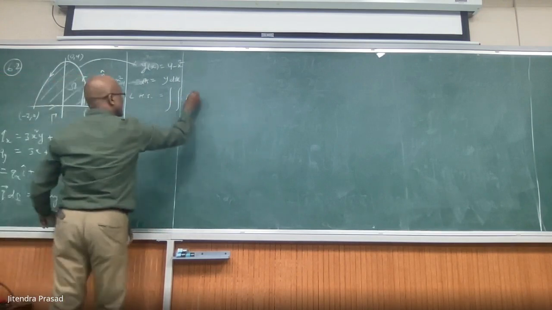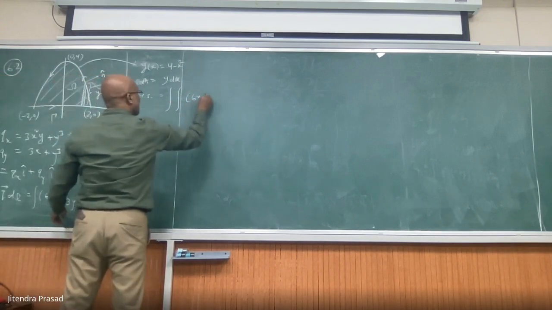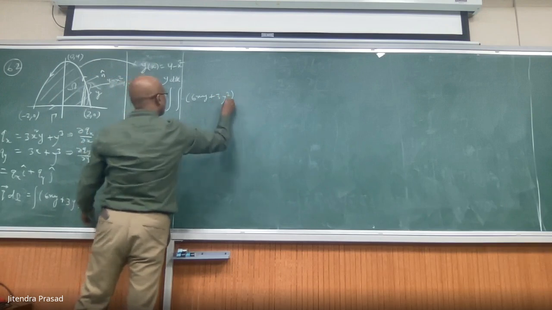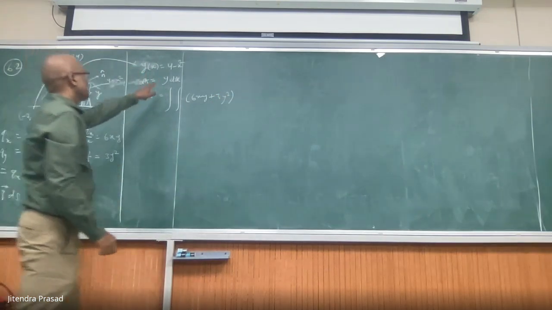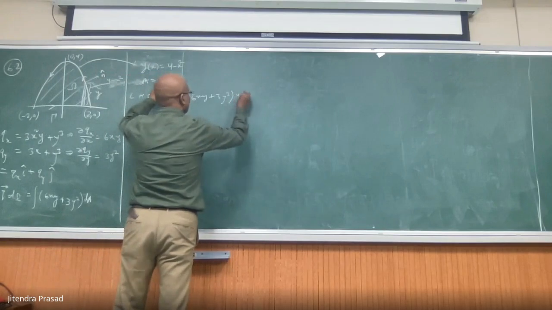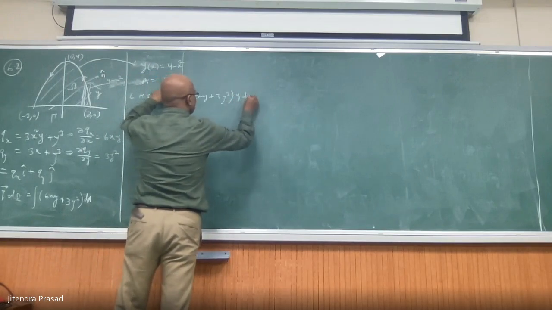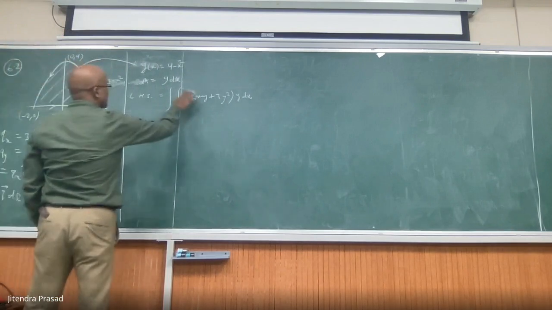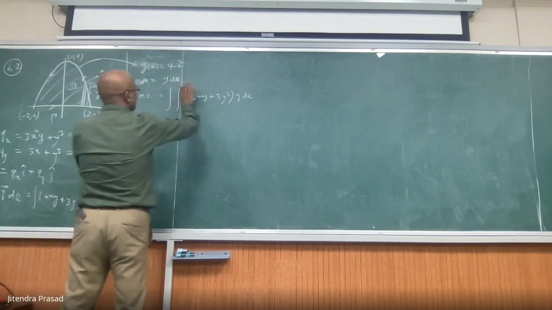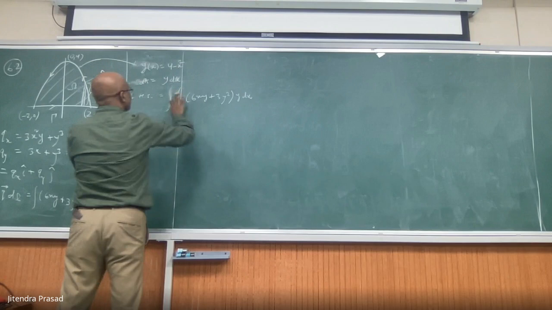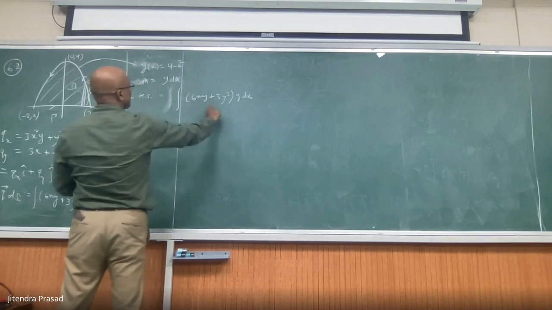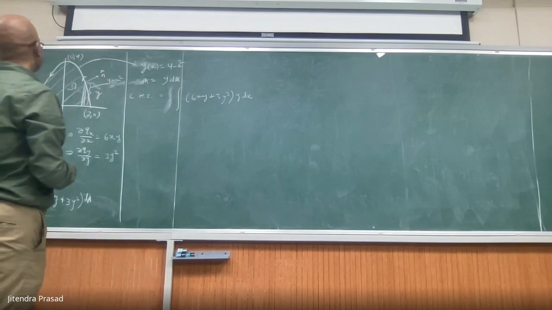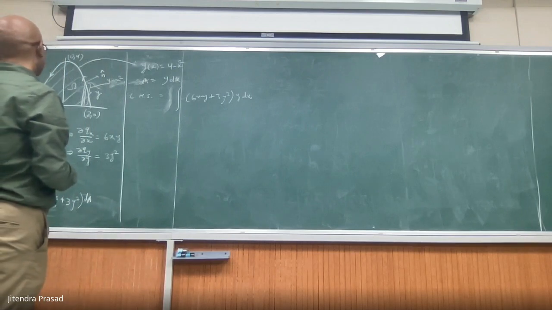So we write the integral of 6xy plus 3y square dA, and dA is nothing but y dx. Now we don't need two of them because the whole thing we wrote like this one. Okay, just a minute, guys.